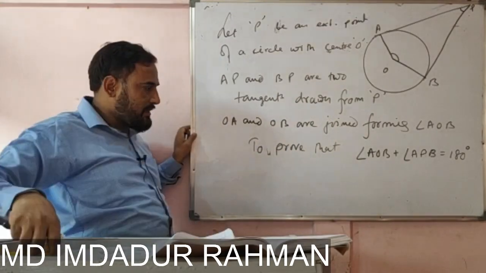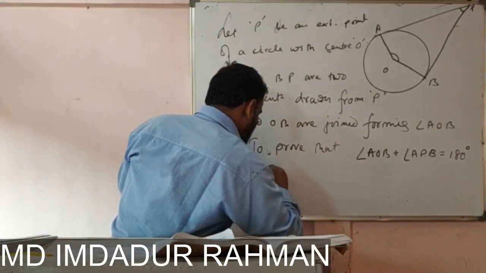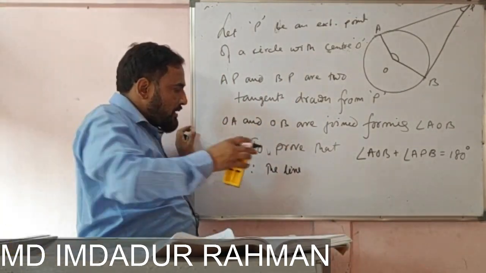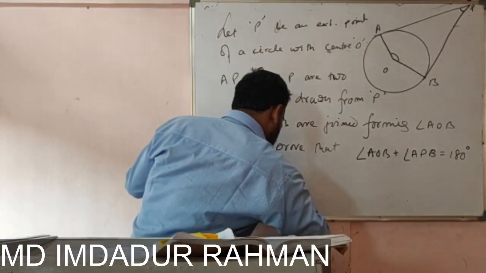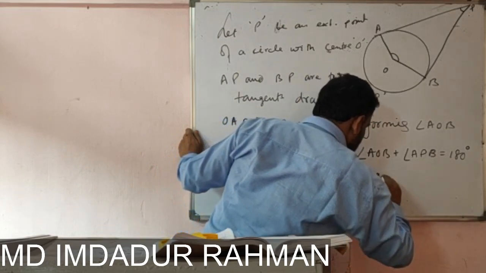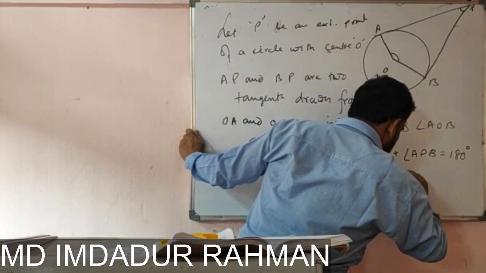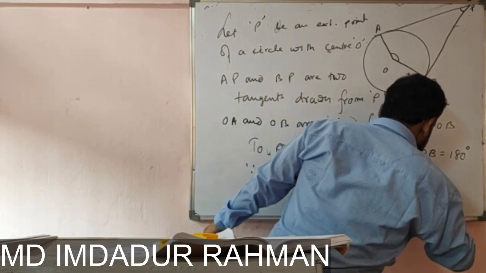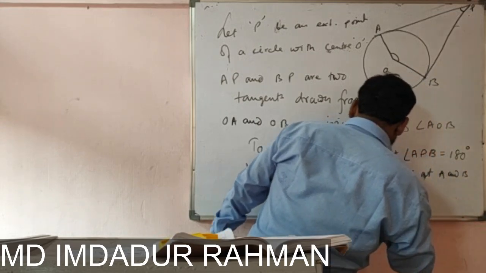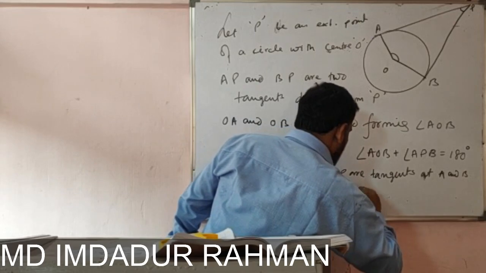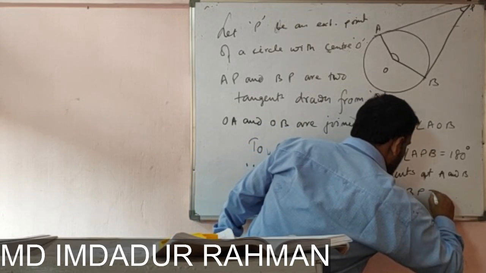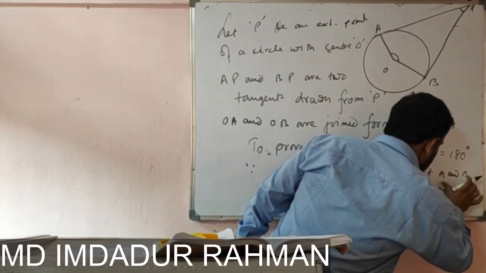So we will write: since AP and BP are tangents at A and B, therefore angle OAP is equal to angle OBP is equal to 90 degrees.